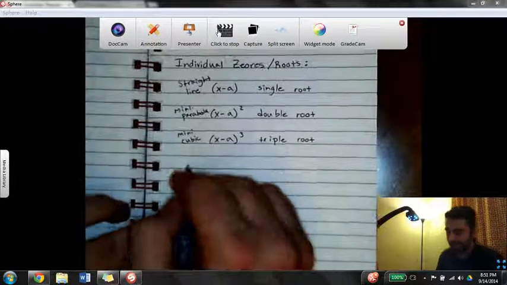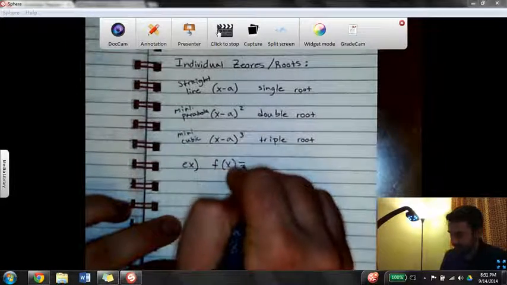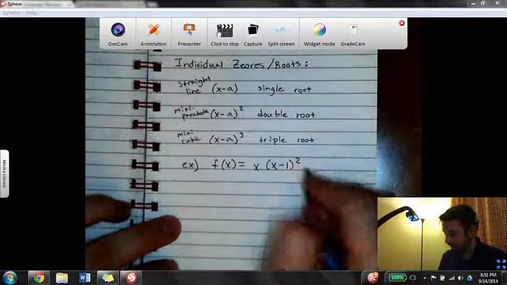And so an example of this is if we have the function f of x equals x times quantity x minus 1 squared.